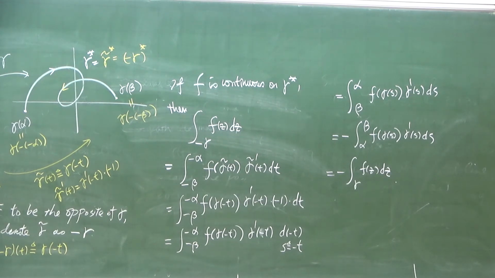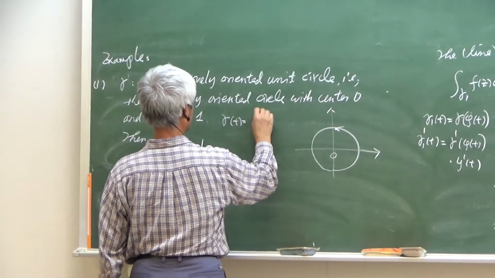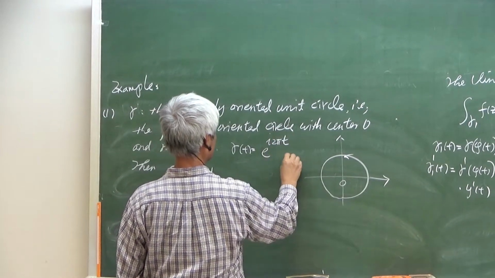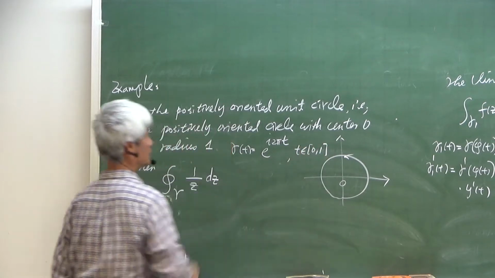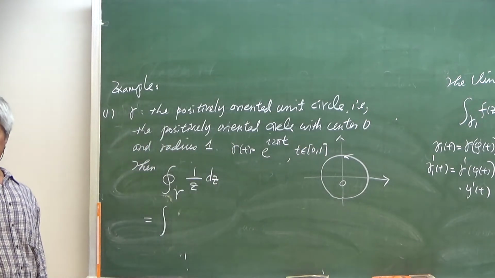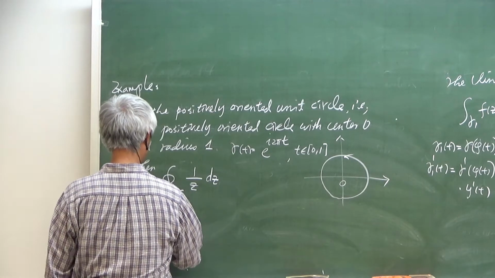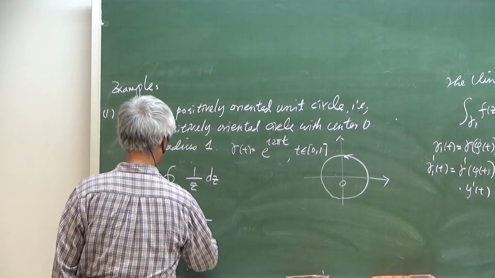Gamma is e to the i 2 pi t, with t in 0 to 1. This is our parameterization.